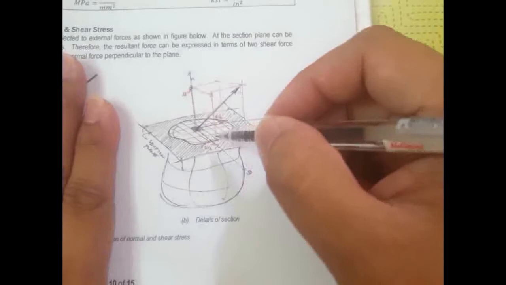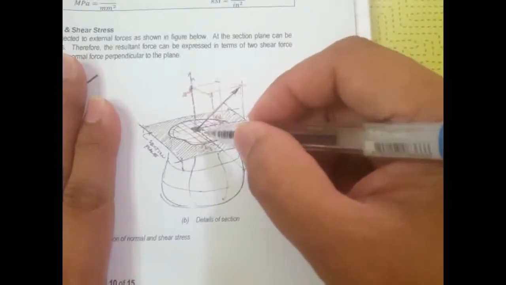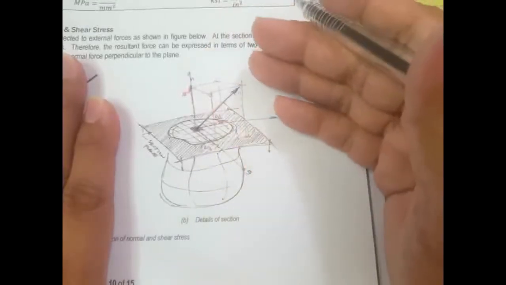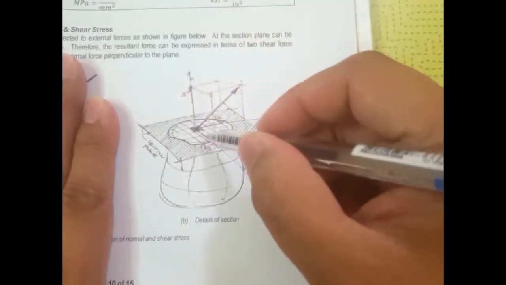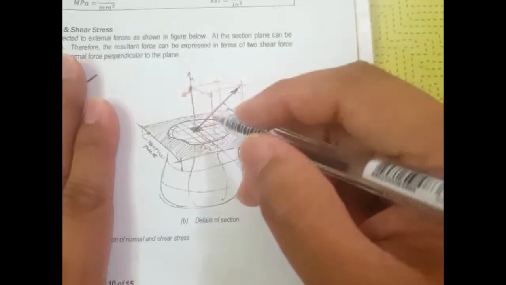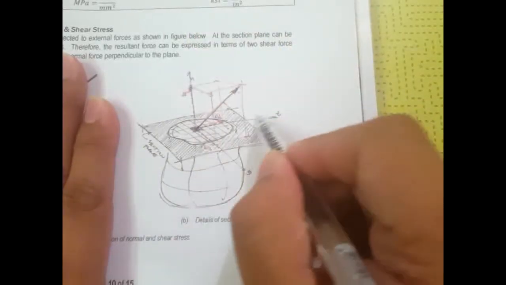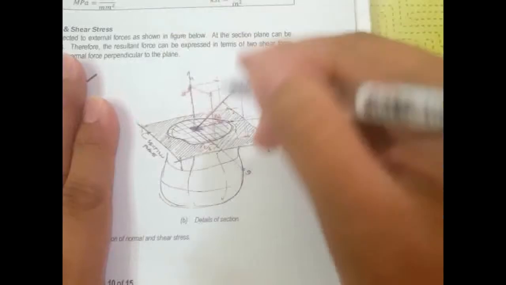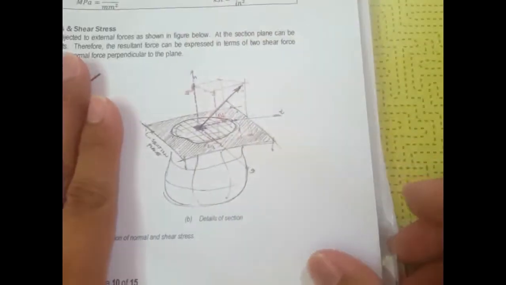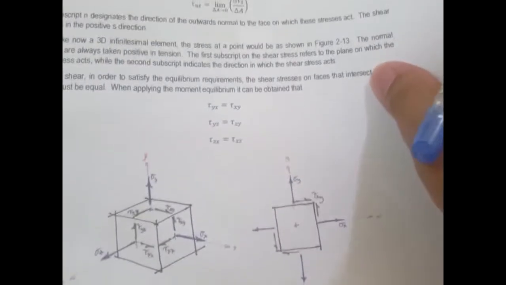Okay, so we recall that Cauchy introduced that stresses are not just normal, but there are also stresses along the parallel direction. So overall, this is the resultant force.